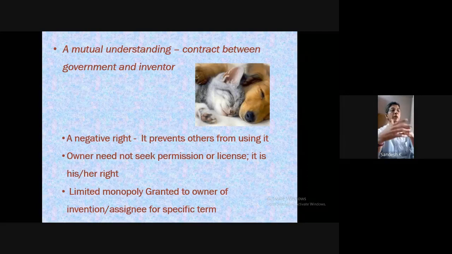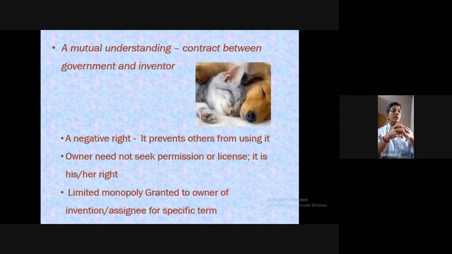So that is the mutual understanding. So it is a negative right, it prevents others from using it without the owner's permission. It is your own property. The owner can use it for himself, and it gives a limited monopoly granted to the owner of the invention for a specific term. Yeah, next slide.